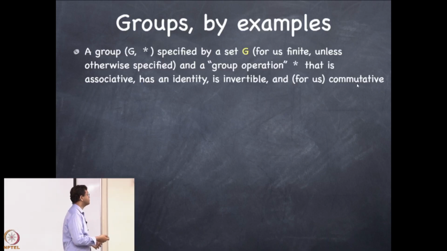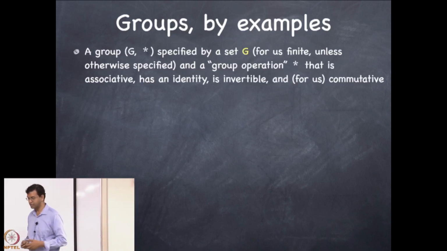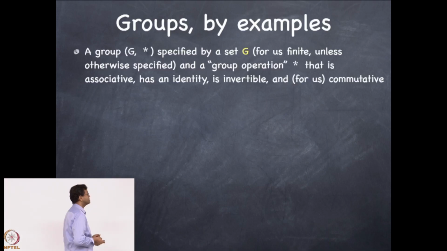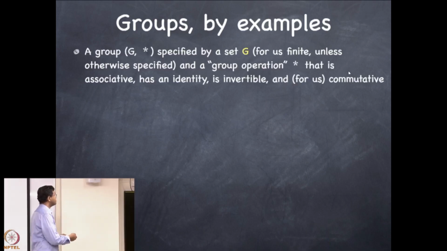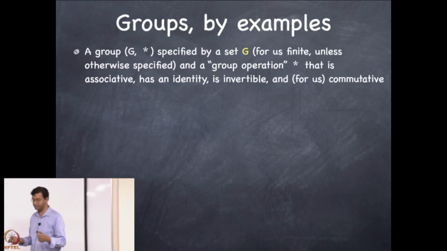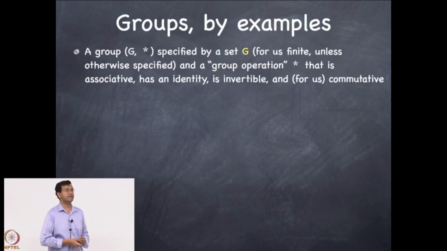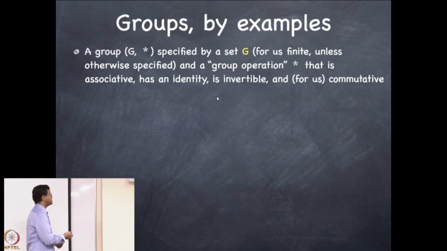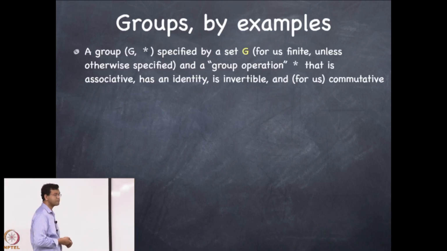It's a commutative operation, meaning A plus B is the same as B plus A. These are basic properties you would have always seen for addition, and sometimes even for multiplication, except invertibility is not there for integers. But if you're working with real numbers other than 0, even that invertibility is there.